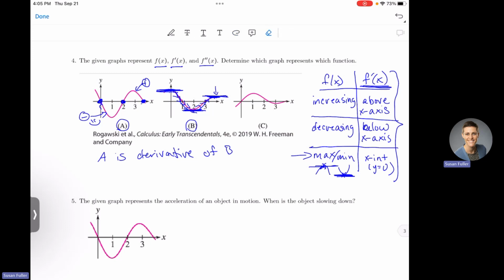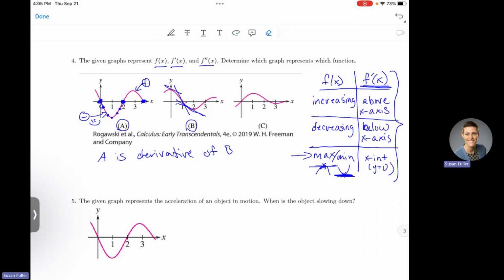And if you want to get even more into the nitty gritty here, just to solidify this, notice that here these slopes are slightly negative. They get more steep, which means more negative, and then they start to flatten out and become less negative. The same thing happens here. You have a smaller negative, and then you get more negative, and then as your slopes flatten out again, these start to get less negative. It matches. So A is definitely the derivative of B.